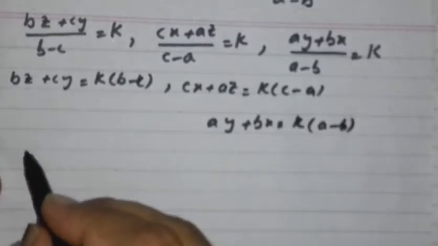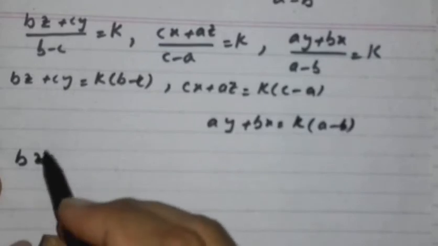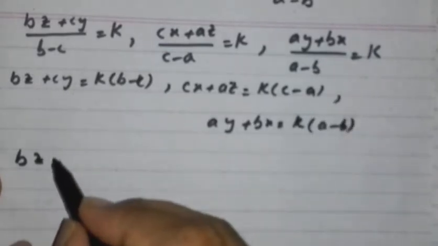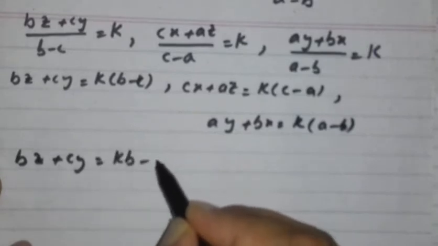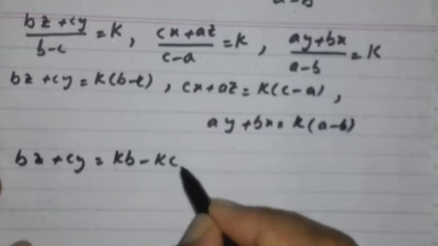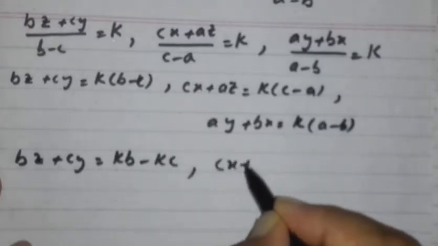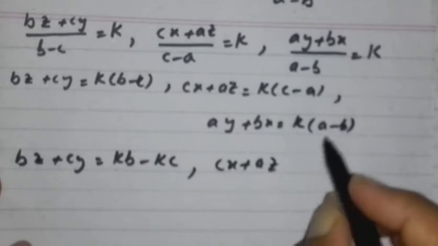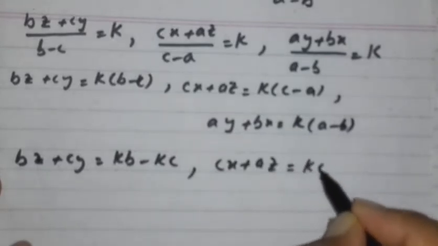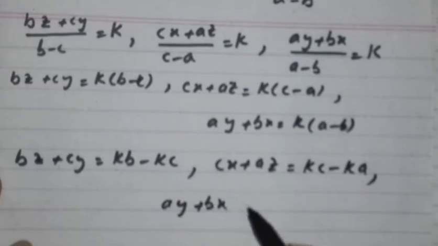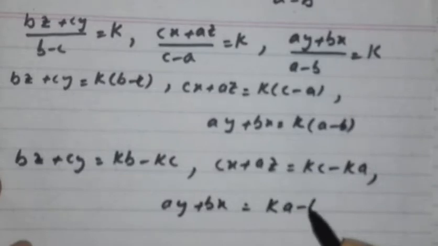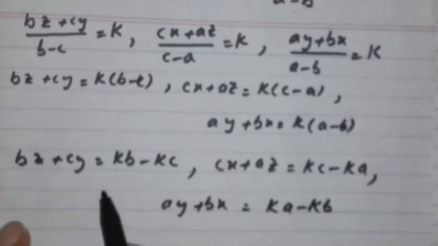Further, we can write it as bz + cy = kb − kc. Here we get cx + az = kc − ka, and here we get ay + bx = ka − kb.